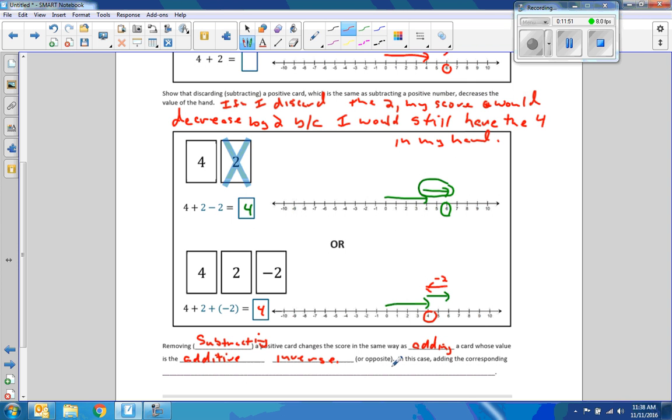In this case, adding the corresponding negative such that 4 minus 2 equals 4 plus negative 2. So subtracting a positive Q value is represented on the number line as moving to the left on the number line.